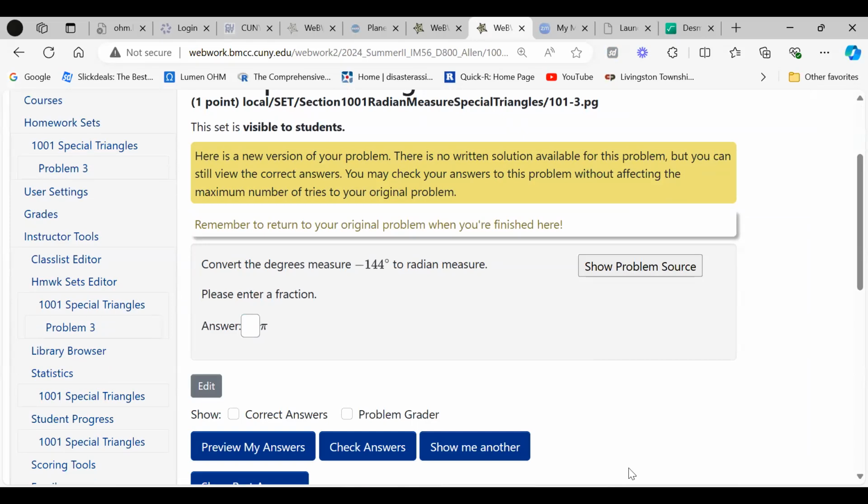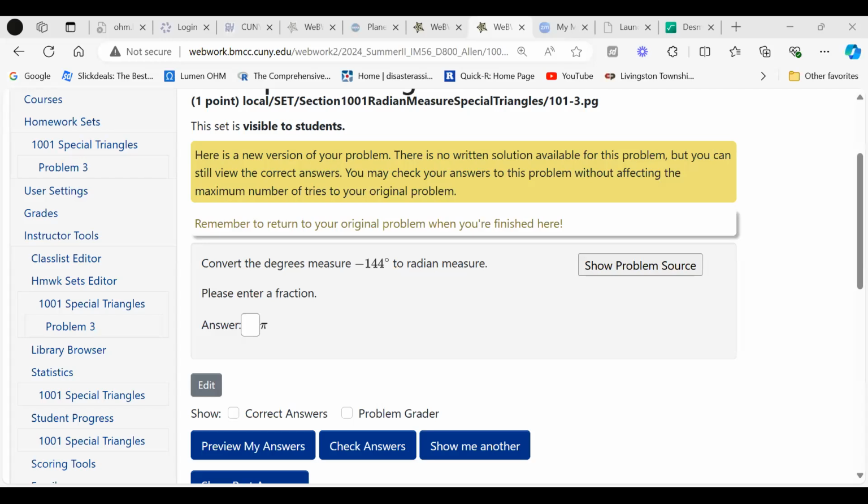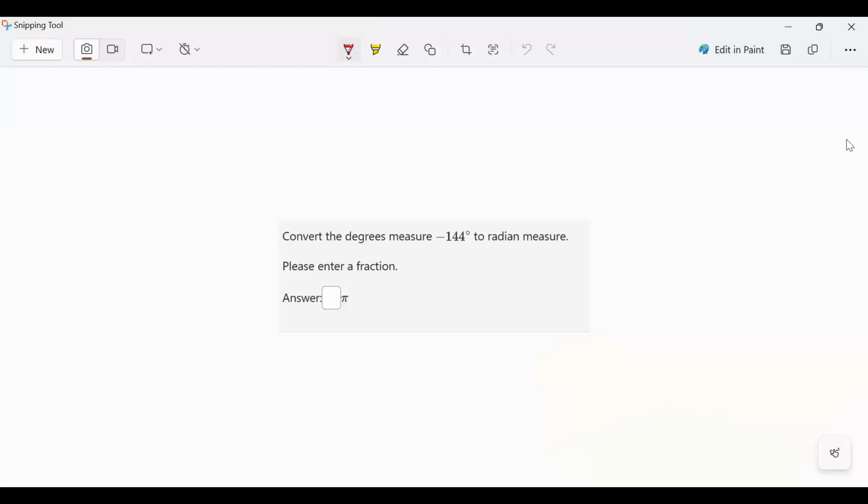It's similar, right? We do a very similar thing: just set up a proportion and then solve for the angle in the radian measurement. Very similar, we will do this.